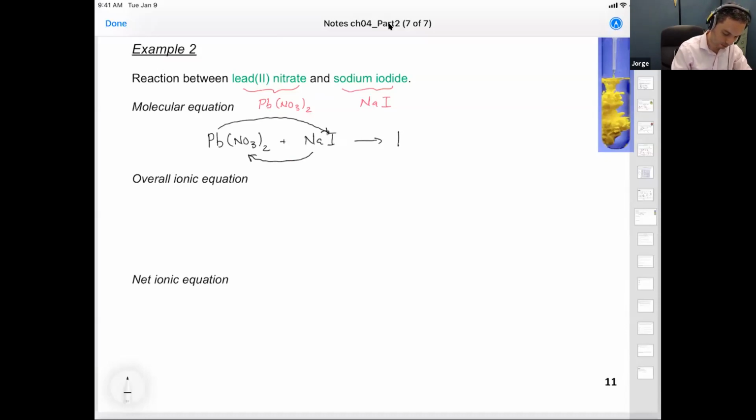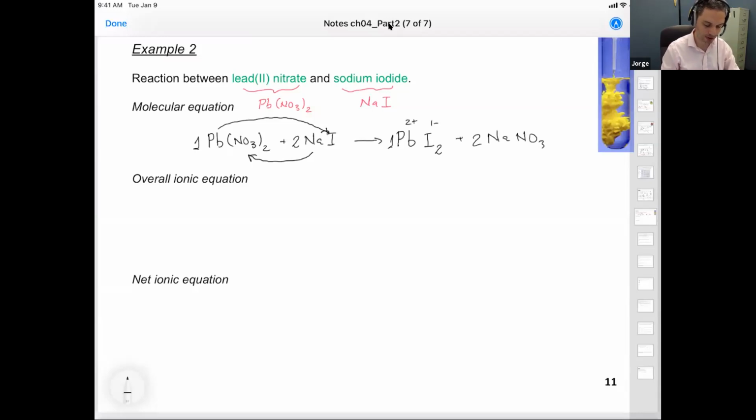That's going to form PbI. In this case, lead is 2 plus, so therefore there is a 2 over there, and sodium will combine with nitrate. We need to balance the reaction. There needs to be a 2 here, and a 2 here, 1 and 1. Okay, so now we have two salts.